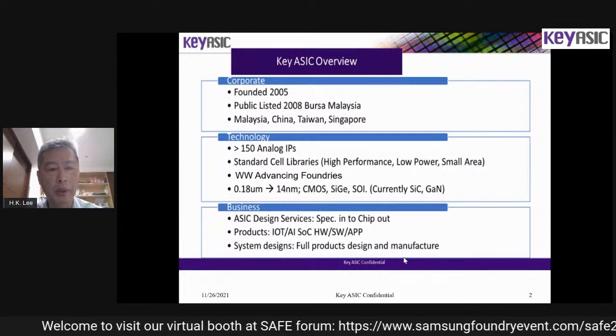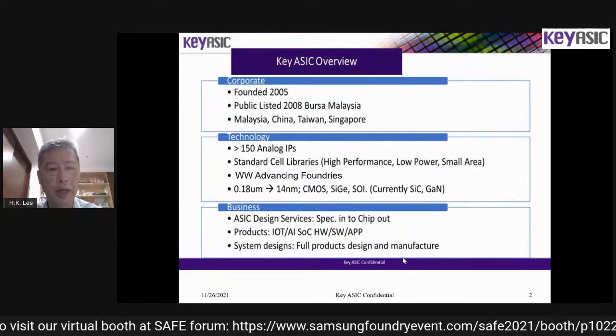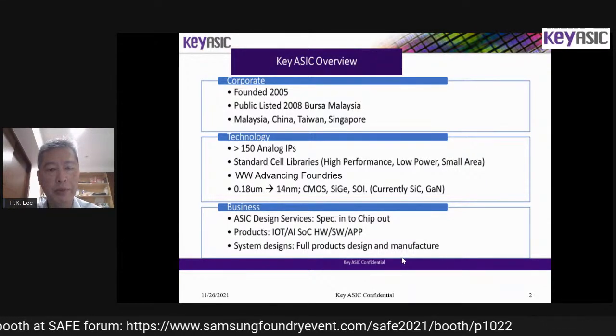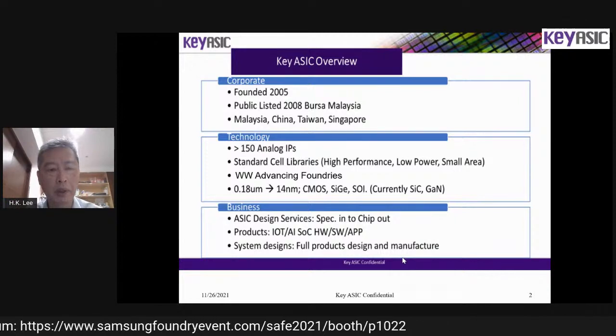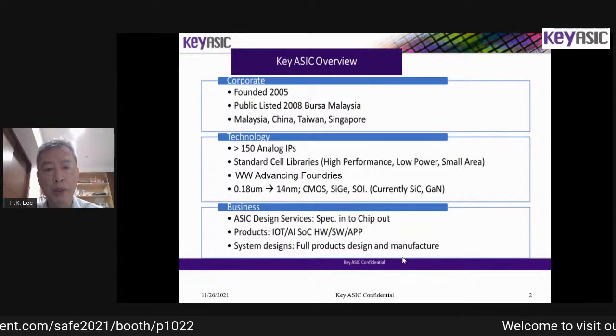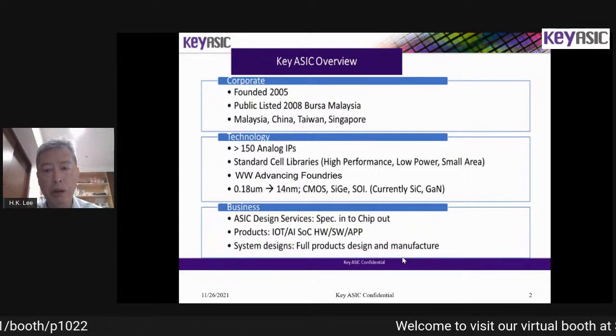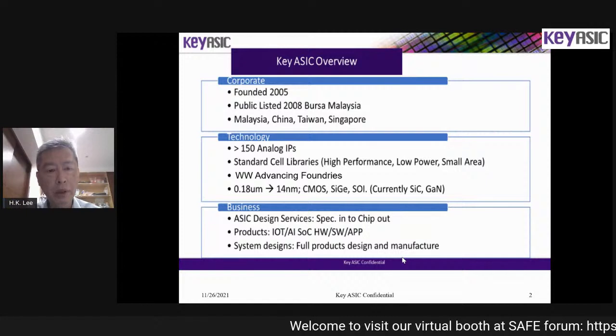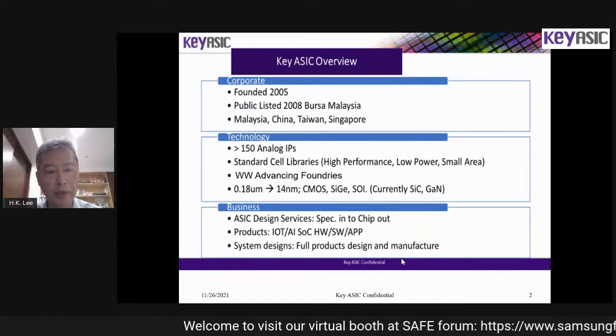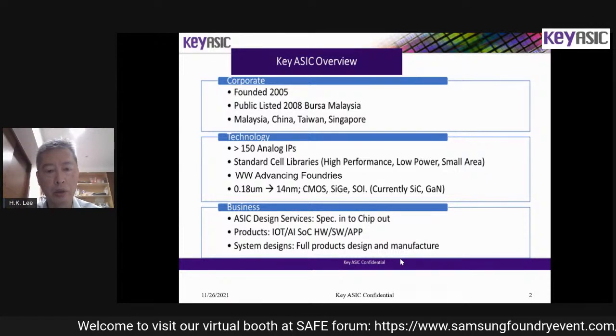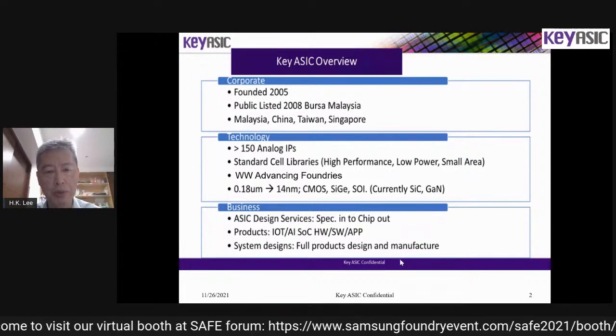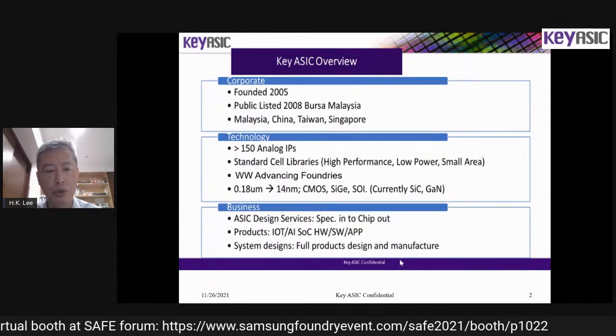Technology-wise, we have more than 150 analog IPs to serve different applications in the market. And we have standard cell libraries to cover the requirements of high performance, low power, and small area. We have been working with worldwide advanced foundries to serve our customers with the most valuable technology.